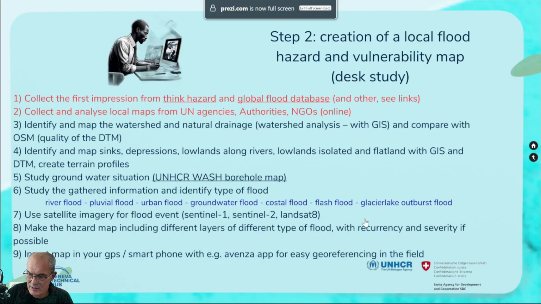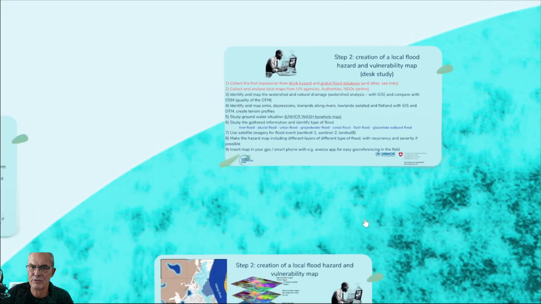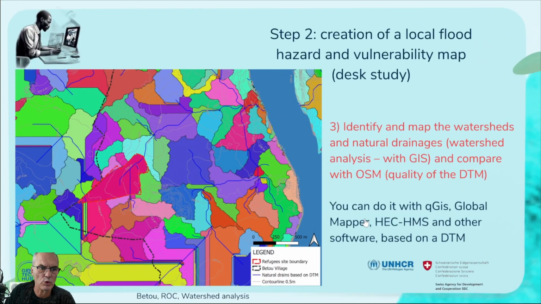But let's continue to the next step, step number 2, which would be the identification of the watersheds. The watershed is actually a way to represent how water flows when it rains. You can see the map is not very good. Here we have our site, the red dots, and here we have our Bentiu village.